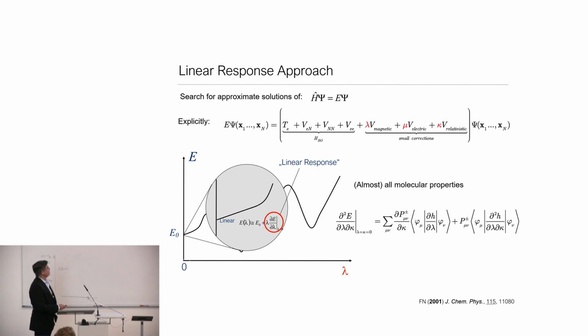And it turns out that almost all molecular properties can be expressed as a mixed second derivative of the total energy with respect to two perturbations. The type of terms that you have in there are twofold. The first one contains the electron or the spin density of the electronic ground state, that is P plus minus here, and then the second derivative of the Hamiltonian with respect to two perturbations.